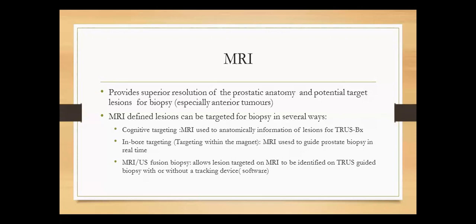And we have the MRI ultrasound fusion biopsy, which allows for the lesions to be targeted on MRI before, and then a transrectal ultrasound guided biopsy is performed with a tracking device or with software, delineating the areas of interest or concern.